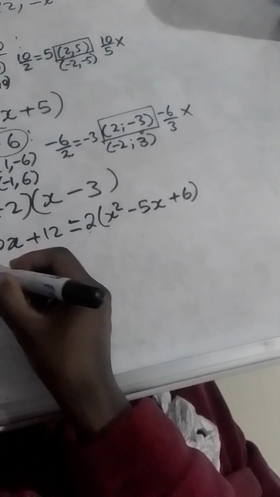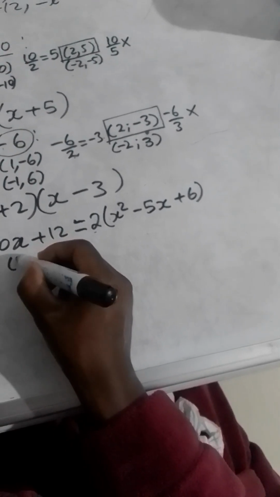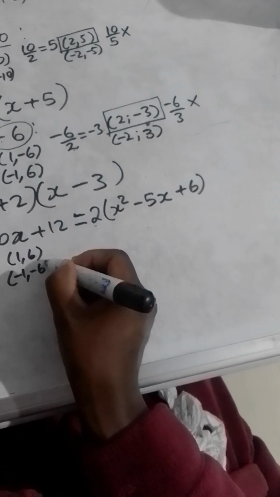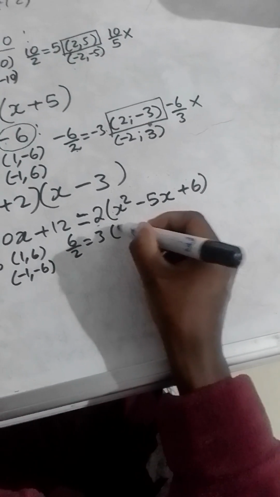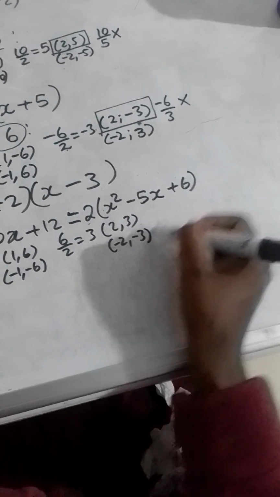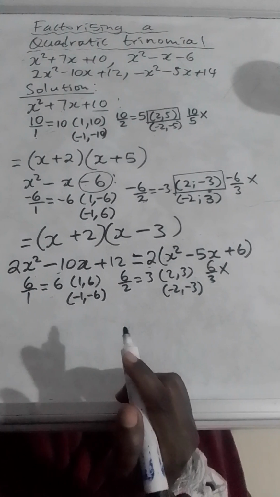We just remove the negative, so we're going to get 6 divided by 1 is 6, so we get 1 and 6, and then the other pair will be negative 1 and negative 6. Then 6 divided by 2 is 3, and then we get 2 and 3 and negative 2 and negative 3. And then 6 divided by 3, we already have 3, so we stop. It means we have found all factors of 6.